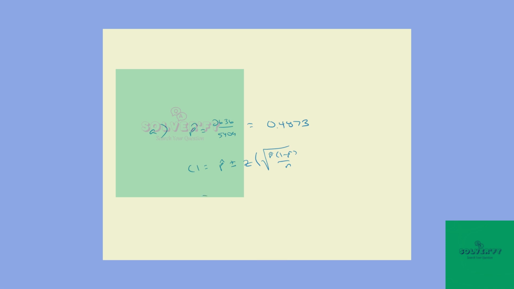And so this is going to be 0.4873 plus or minus the critical z is 1.96 at this level, times the square root of 0.4873 times 1 minus 0.4873 over 5,409.